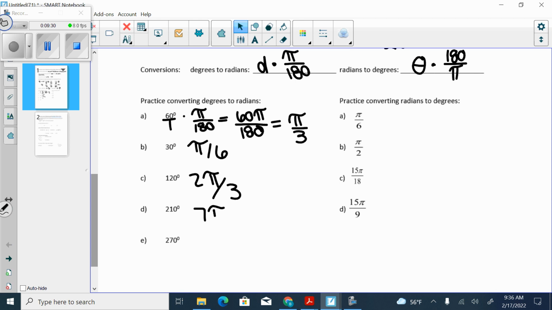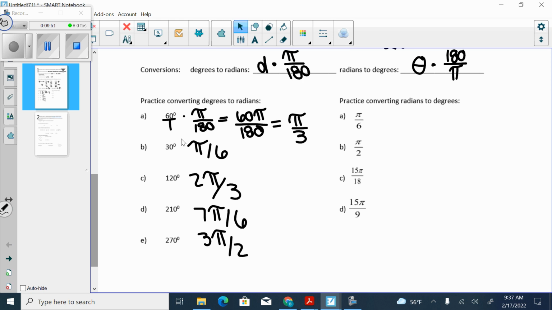Very good. All right, and then our last one, 270 converts to 1.5, which is what as a fraction? Good. So we'd have 3 pi over 2. We do need to write these as fractions.